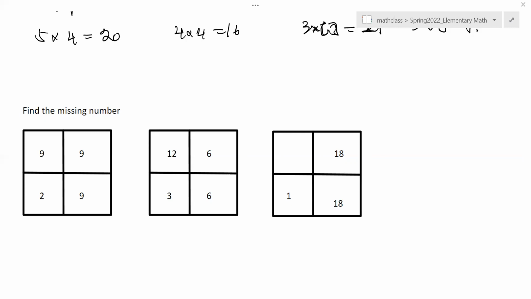Great. So as you see, it's the same reason. 9 plus 9 equals 18, and 2 times 9 equals 18. And you double check that.